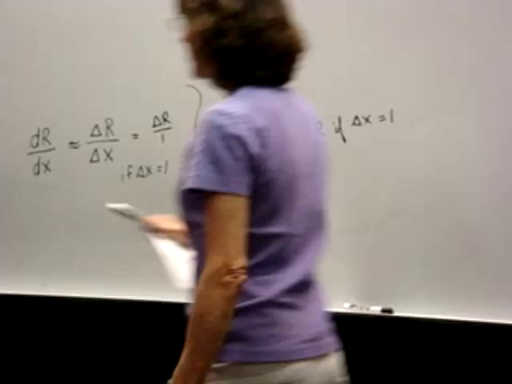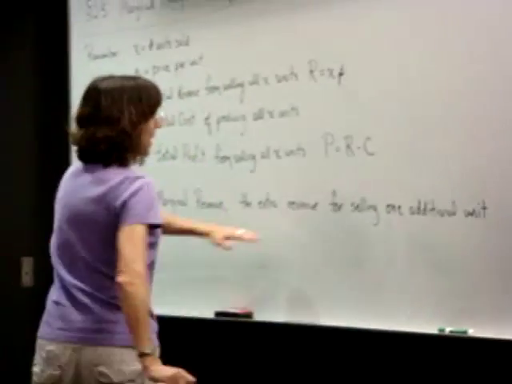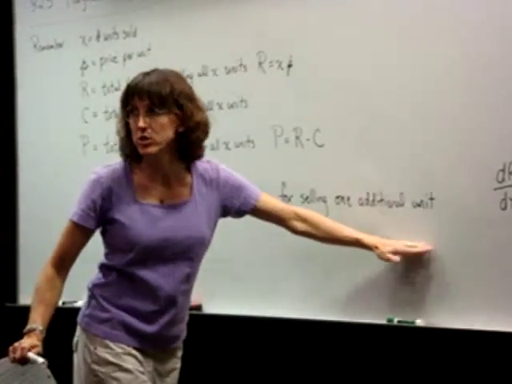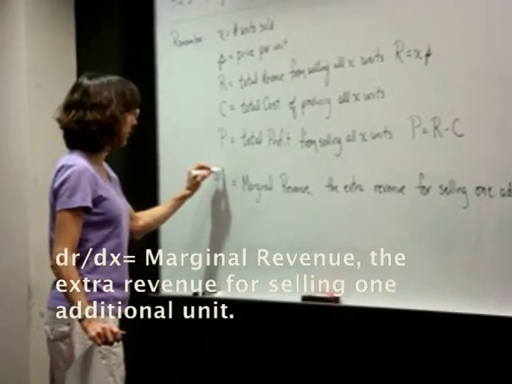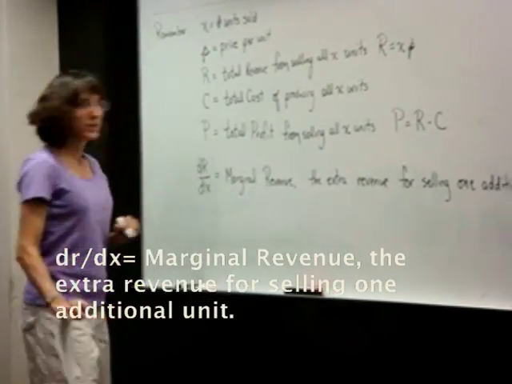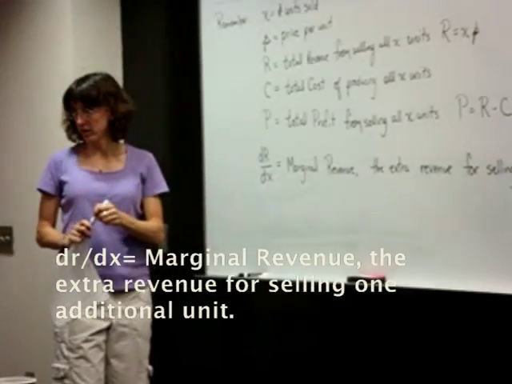Well, this is marginal revenue, the extra revenue for selling one additional unit. So we're going to go with it.